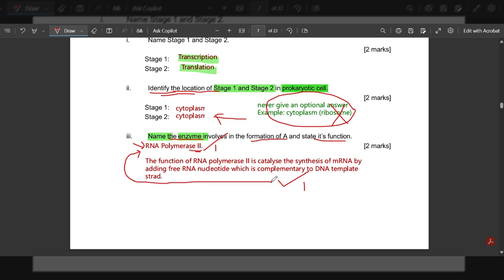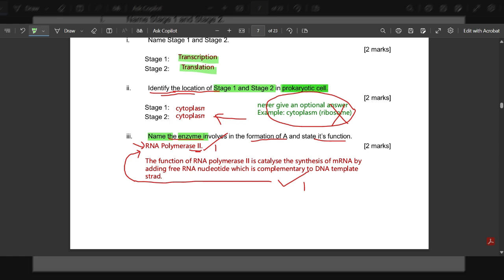This mark depends on the correct name of the enzyme. So if you give the name RNA polymerase only, which is actually a wrong answer, then even though you give every single keyword in the function of RNA polymerase 2, it is still considered wrong.